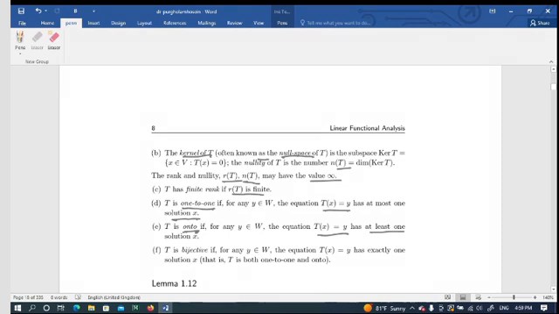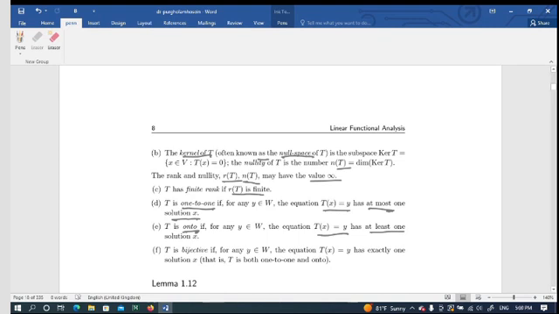But when we say that it is one-to-one, this equation has at most one solution. But here, at least one solution. You can have 2 or 3 or more solutions, but it must have at least one solution.